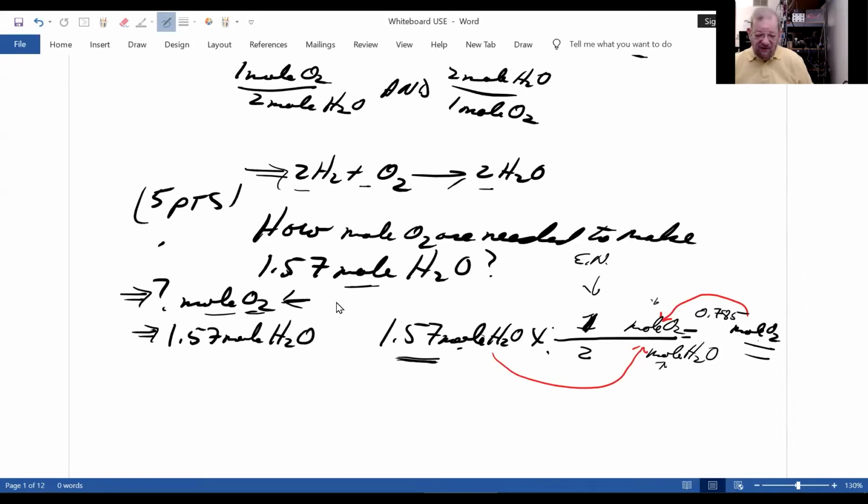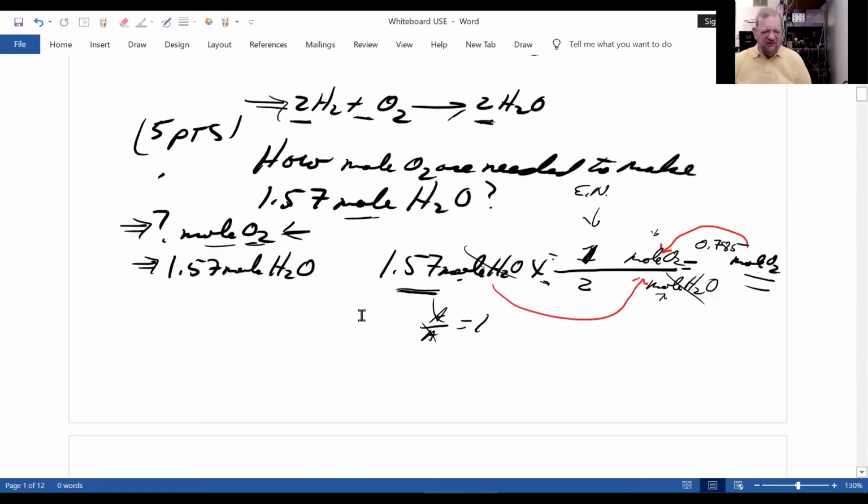Moles of water go underneath. Why? Because anything divided by itself equals the number 1. It cancels out. And where do I get these numbers that go in here? From the balanced chemical equation. 2 moles of hydrogen react with 1 mole of oxygen to make 2 moles of water. And that's how you do it. Oh, I better share.